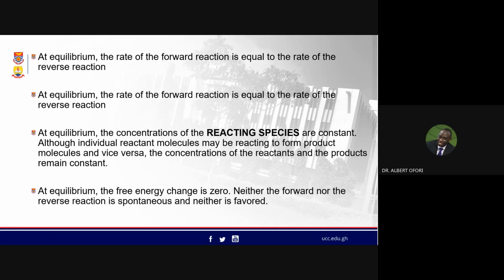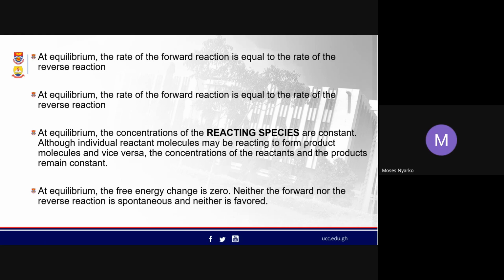It's not that the reactants are fully used up and have formed product, which is why nothing is changing. It's constant. Please, you get it?